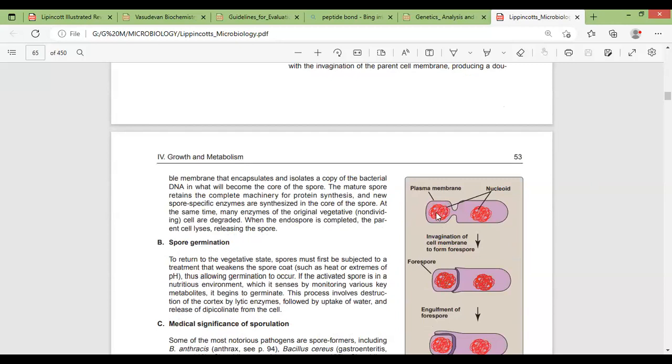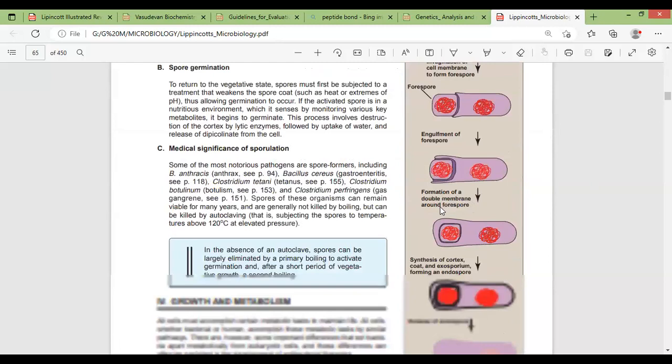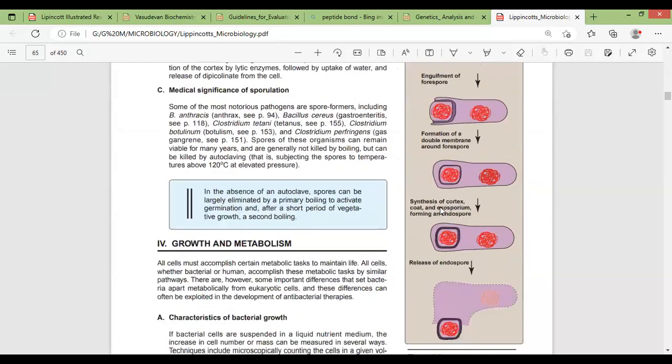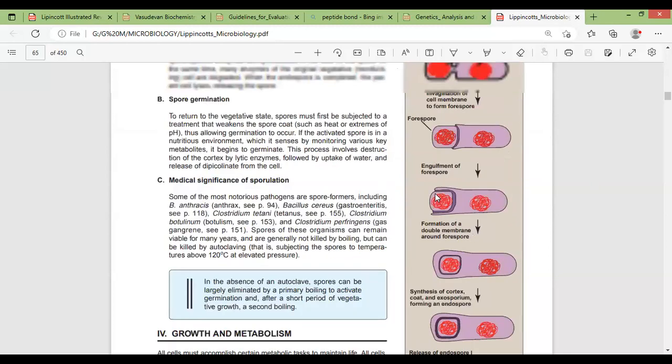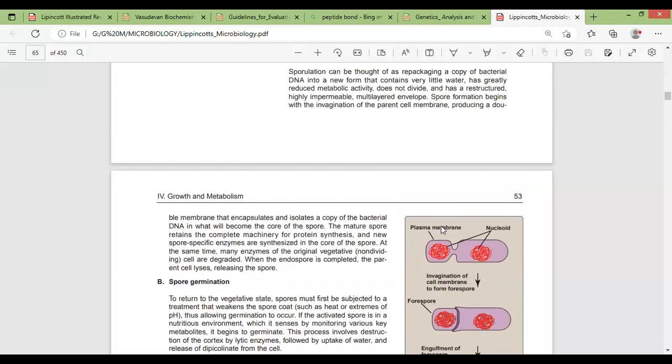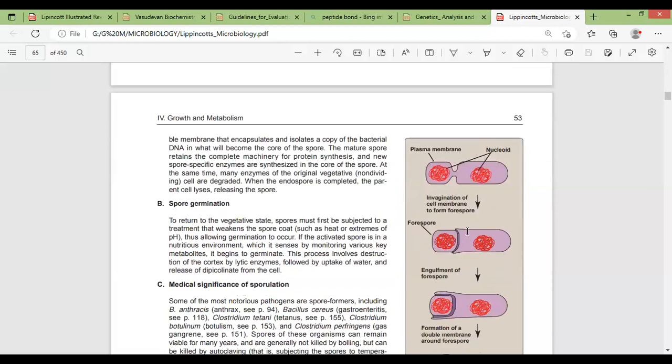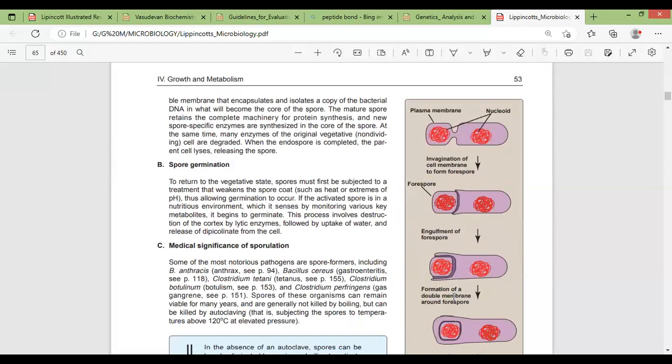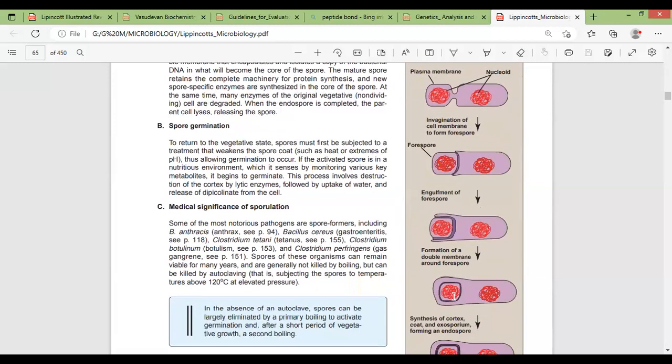Now, I'll be focusing our efforts on this second part, because this second part is where we will form our spore from. This second part, we make sure it has a copy of the cell's DNA, right? So once it has the copy of its own DNA, we will separate it.